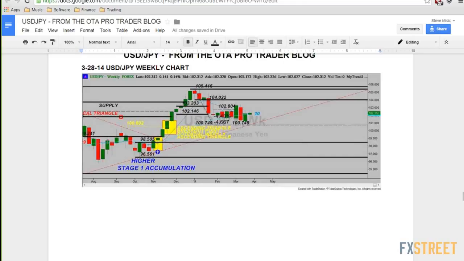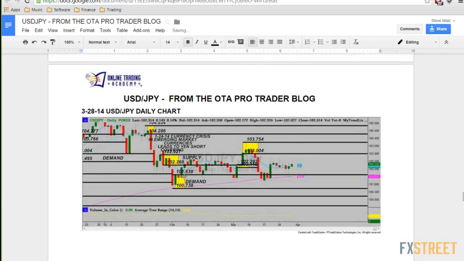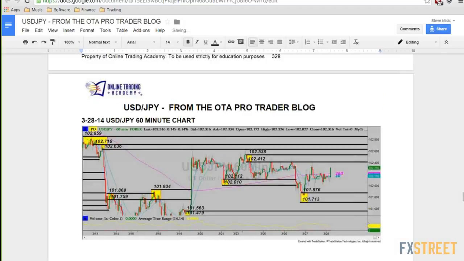Pretty much it's because that daily demand level managed to hold for the entire month of February and the entire month of March. And as we began the month of April, we still had the same areas of demand below price that keep bouncing us higher. Same thing with the Nikkei.